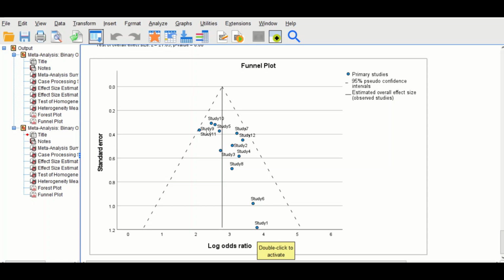So this plot will determine whether there is a bias in the publication, and this also needs to be backed up by Egger's regression analysis. So this is the way to do meta-analysis for binary outcome in SPSS and plot the funnel plot and forest plot.